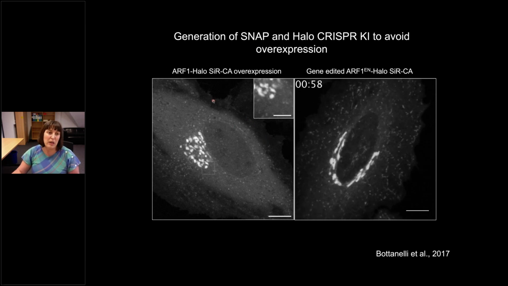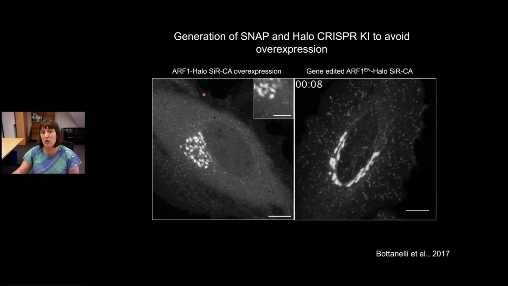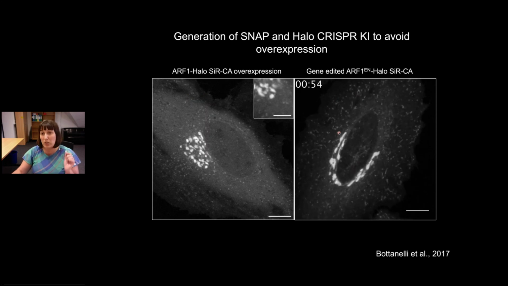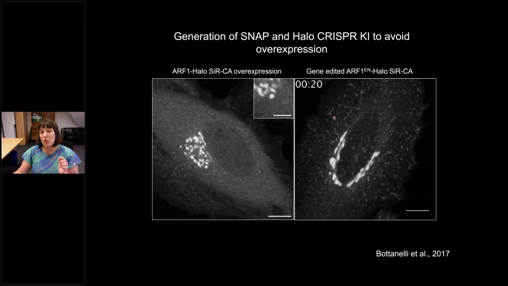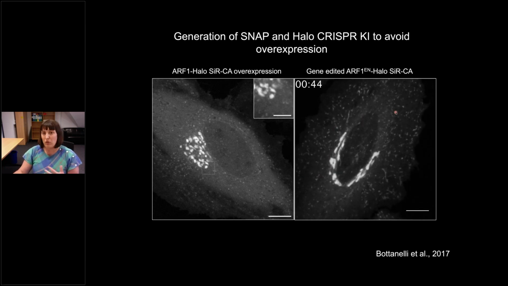This is the small GTPase ARF1, and this is what happens when you overexpress it. You're just flooding the cytosol and you have a lot of background, and it's only when you gene edit, so you put the HaloTag directly on the endogenous copy of ARF1, that you can really see structures and follow them.